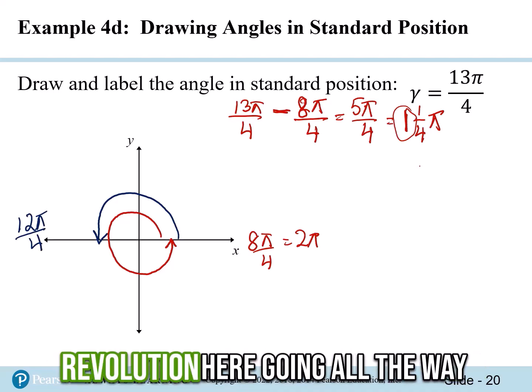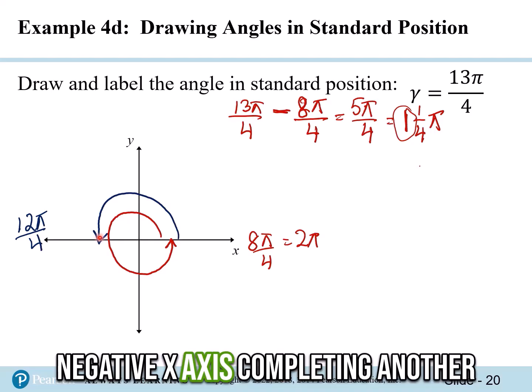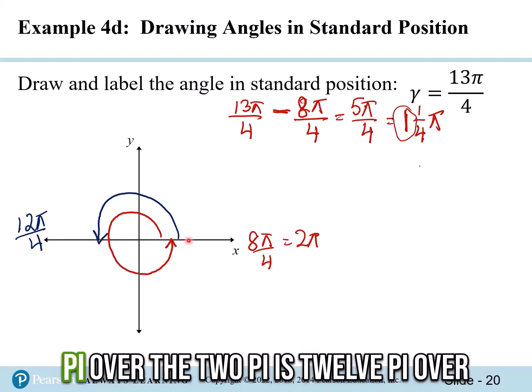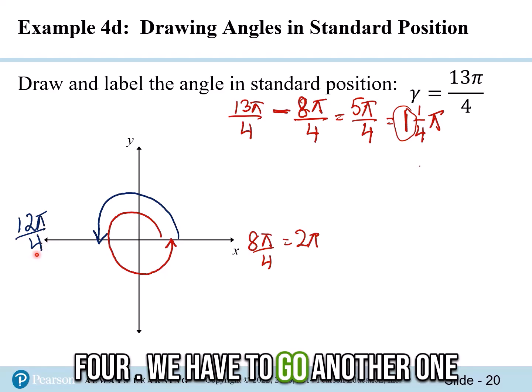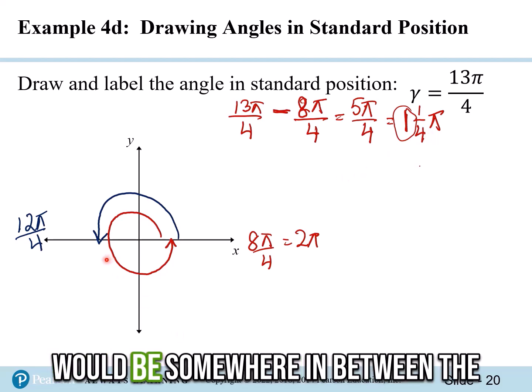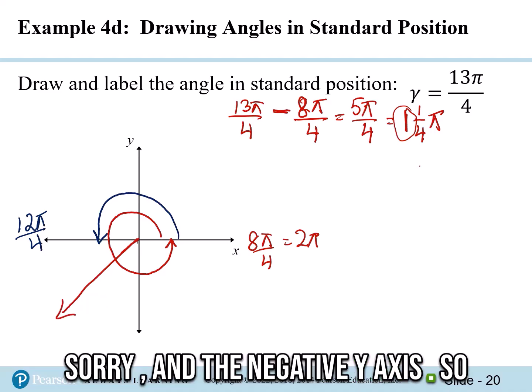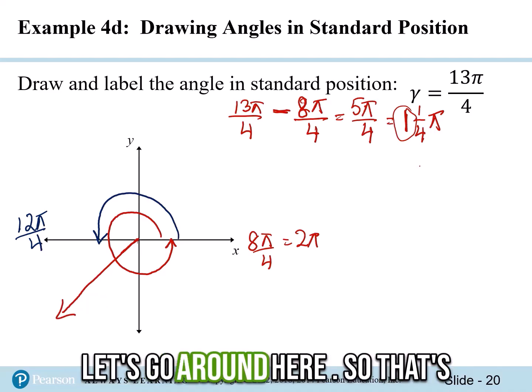So this revolution here, going all the way and then coming back to the negative x-axis, completing another pi over the 2 pi, is 12 pi over 4. We have to go another 1/4 pi to get our angle, correct? So 1/4 pi would be somewhere in between the negative x-axis and the negative y-axis. So let's go around here.